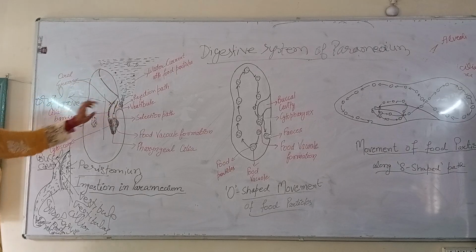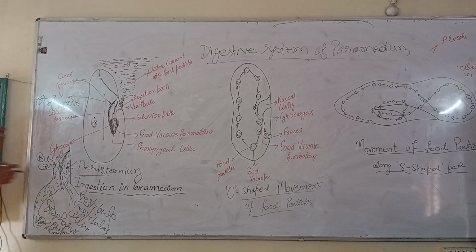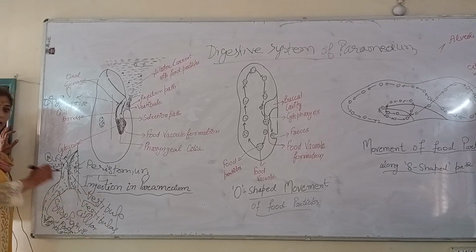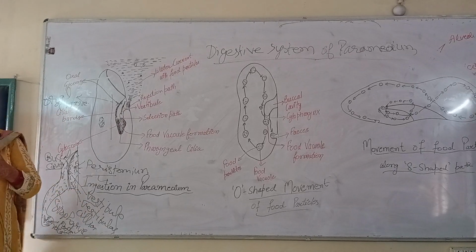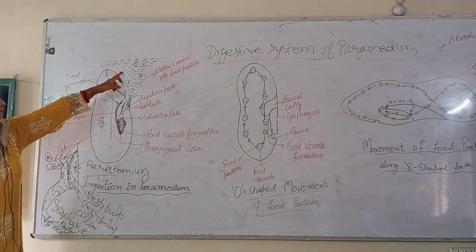There is beating of this peristomial cilia inward. Inward means toward the inner side of the paramecium body. Both peristomial as well as vestibular cilia, they move inward. When they move inward, there is formation of vortex.